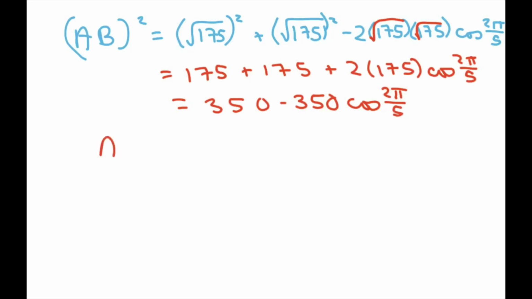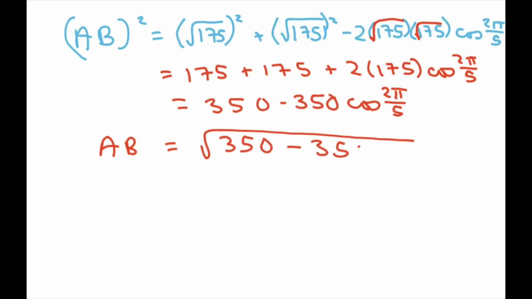So just to get AB, we're going to square root this. So we have the square root of 350 minus 350 cosine of 2 pi over 5. And that's going to be approximately 15.15 millimeters.